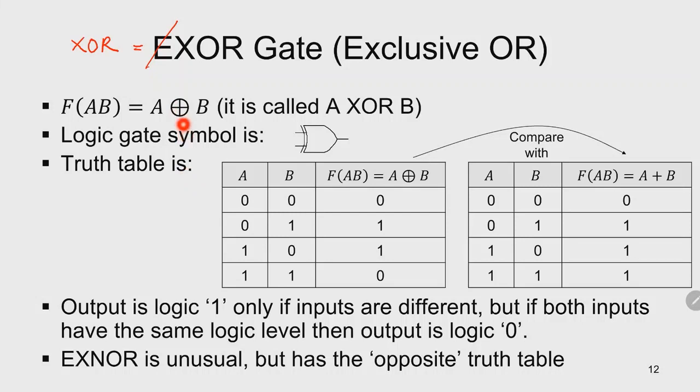There is no equivalent operator in our normal algebra, so this is a special operator used for exclusive OR. So it's called A XOR B, A exclusive OR B. The logic symbol here, again, is derived from our OR gate, with an additional curved line at the input. And this tells you that this is an exclusive OR gate.